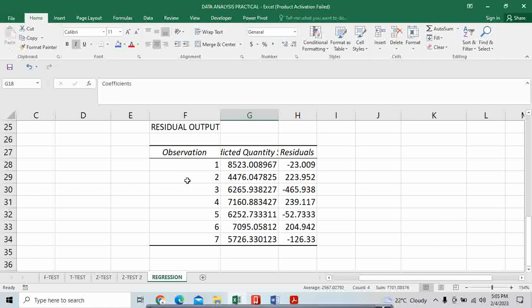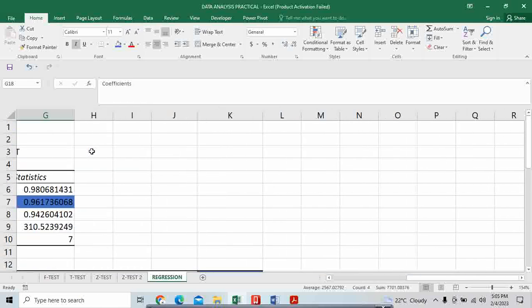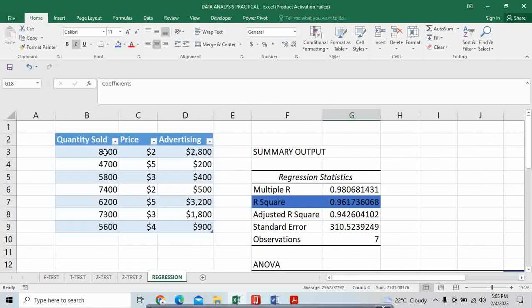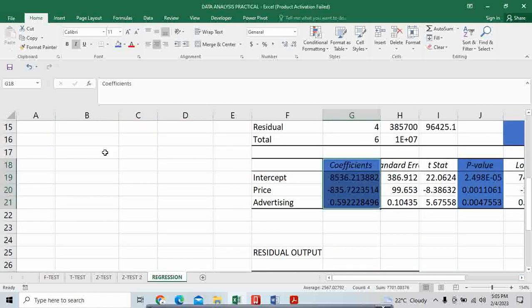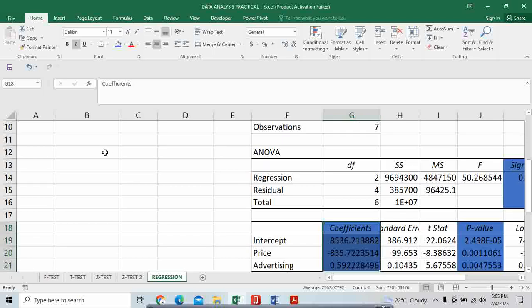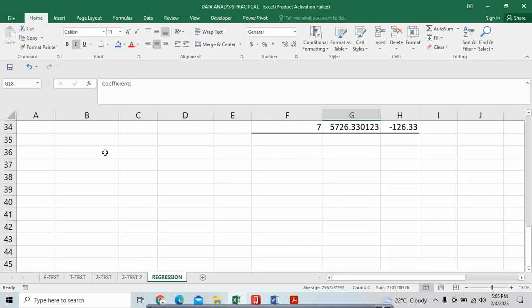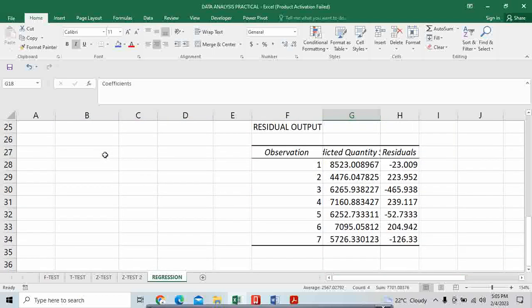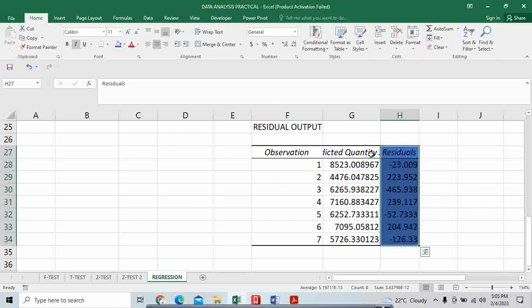If we check here, at first it is 8,500. This is the predicted value. So in our residual table, what's really important is this last column. The last column is the one that we are talking about.